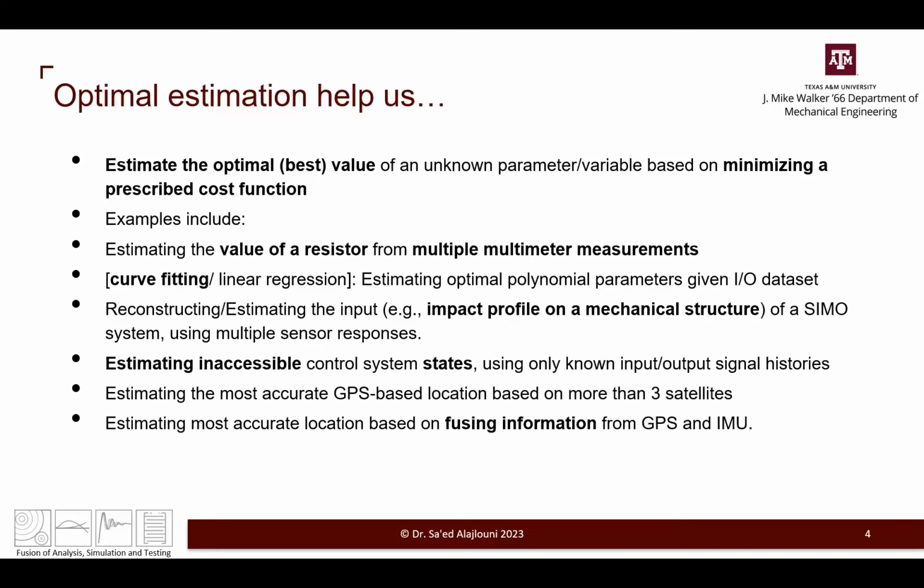So if there's a dropout indoors in GPS location, the IMU integrates the acceleration signal from the accelerometer twice, and keeps track of the direction you're going, your orientation, and it estimates your location while you don't have a GPS connection. Once you have GPS again, then it updates its location estimate. So this is fusing information from different sources.